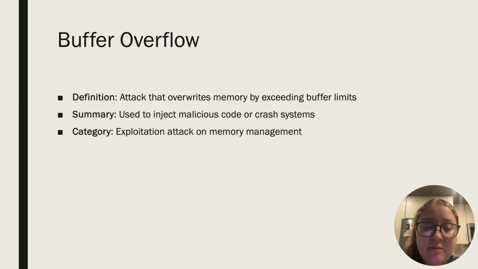Okay, next we have buffer overflow. The definition of buffer overflow is an attack that overwrites memory by exceeding buffer limits. Summary: used to inject malicious code or crash systems. The category of buffer overflow is exploitation attack on memory management.